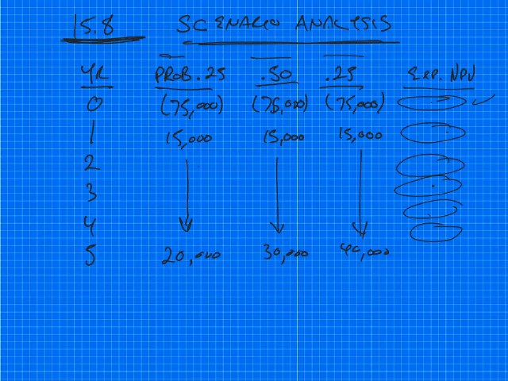The first one is easy. Year 0 is easy because I'm looking at it, and all of the cash flows are the same. Even though the probabilities are different, all the probabilities added together equal what? 1. You can do the math on this if you want.